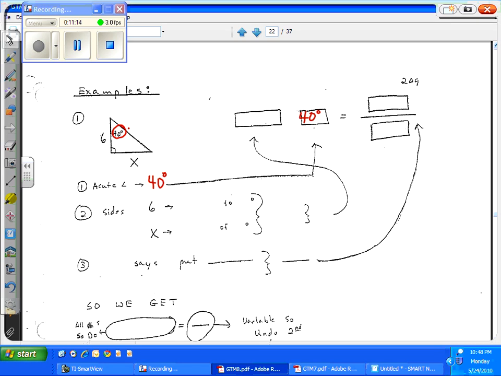We fill that part in first. Now, then what we're going to do is see what sides we have. The sides that we have are 6 and x. We want to see how they're related to the angle that we chose. How are those two sides related to the 40 degrees? Well, they're both legs.